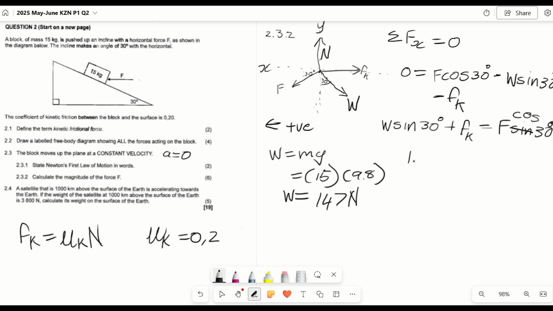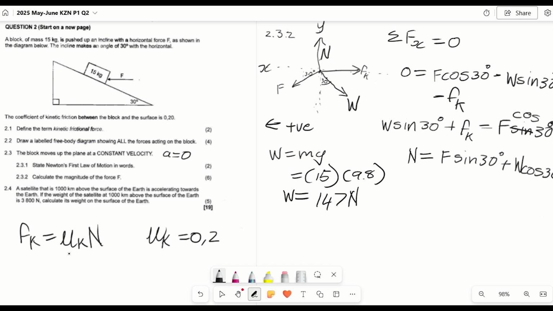It means that n is equal to the y component of F. So F, the y component is opposite the angle, so sine 30, plus the y component of the weight, which is adjacent to the angle, so weight cos 30 degrees.